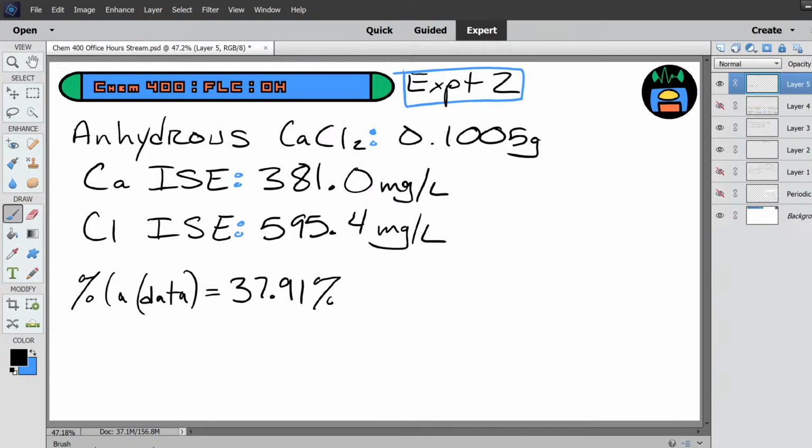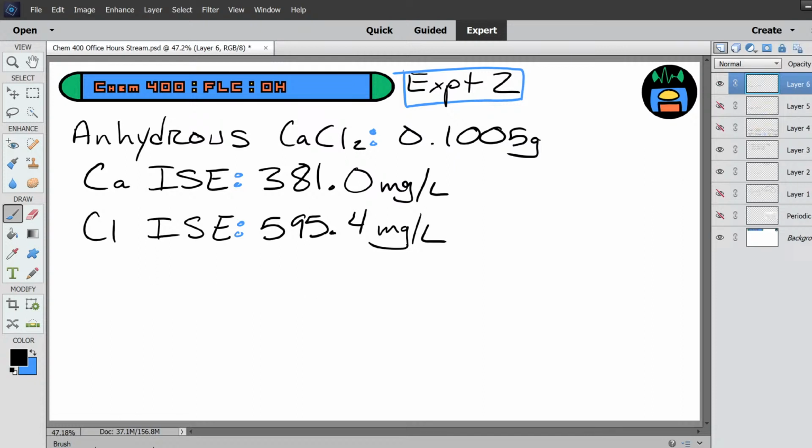All right, so that's our mass of calcium. Let's calculate our percent mass of chlorine. Now it's going to be the same deal.